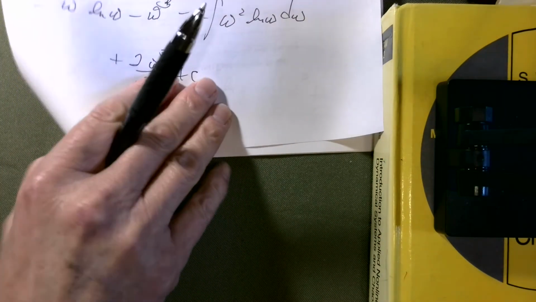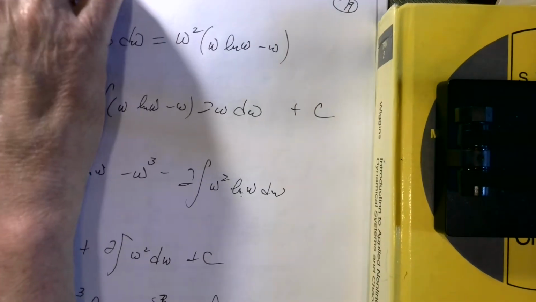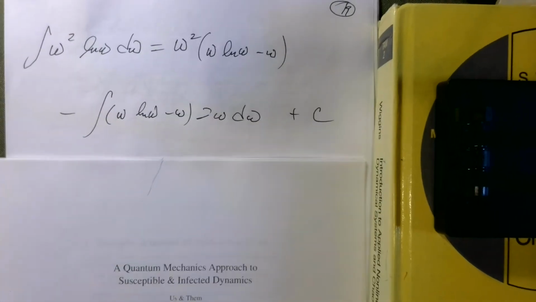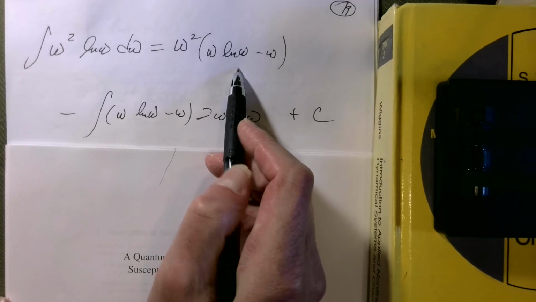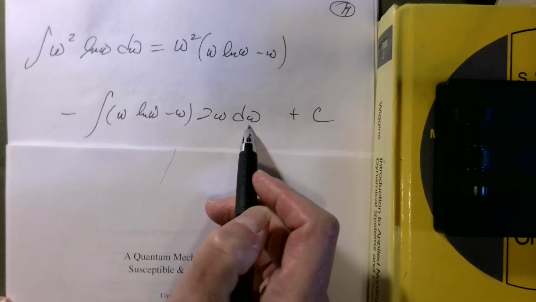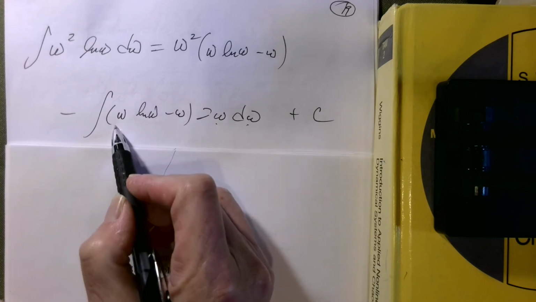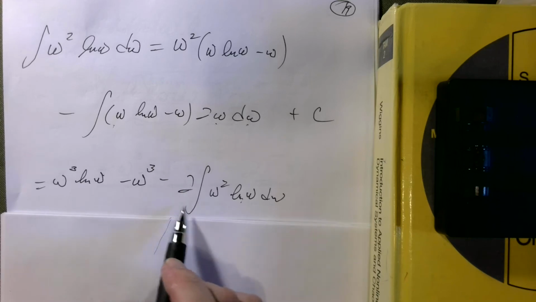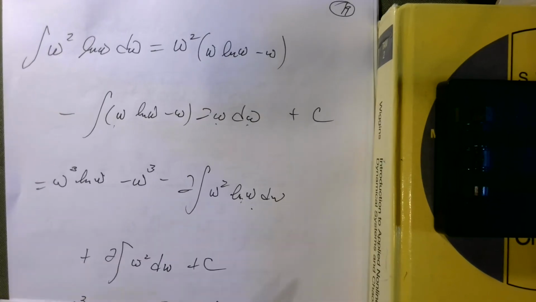So now we put this into our integration by parts. So we've got u times v minus the integral of v du. And now I have the w squared in here. So we get minus 2w squared ln of w.